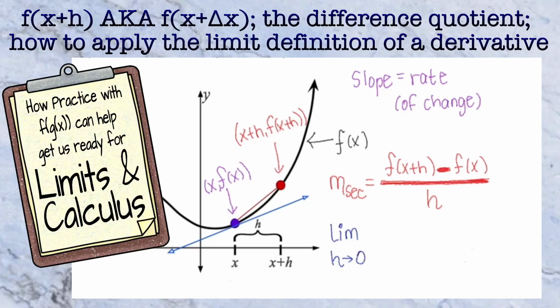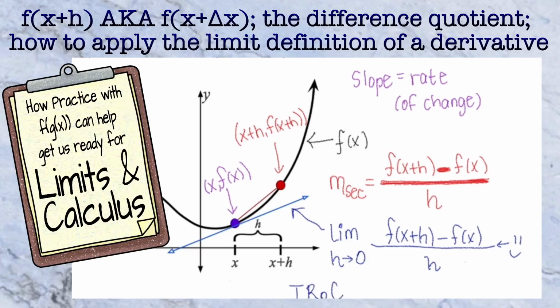If we find the limit as h approaches 0 of this big hot mess right here, f of x plus h minus f of x all over h, that will give us the slope of the tangent line. That will give us our instantaneous rate of change.